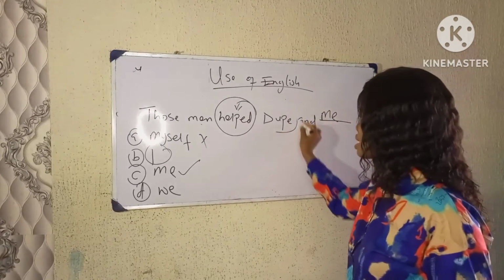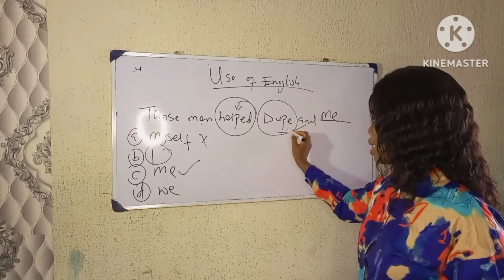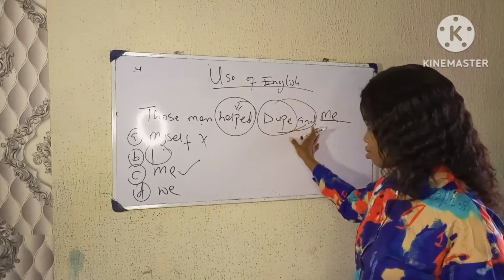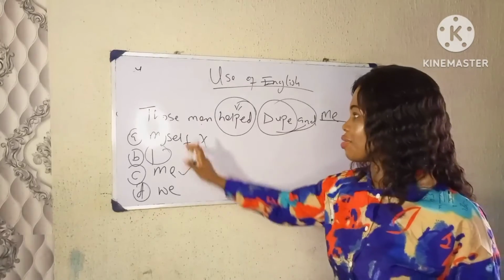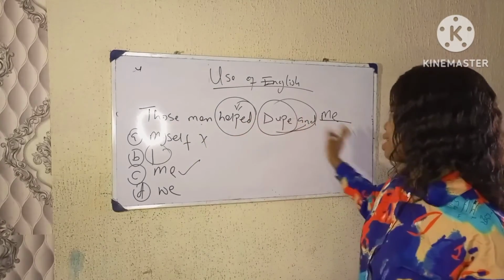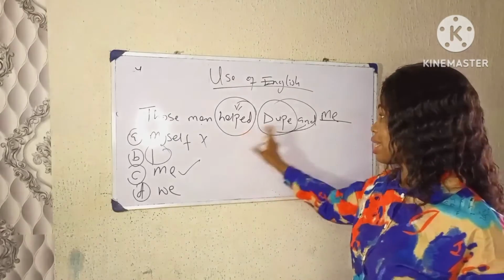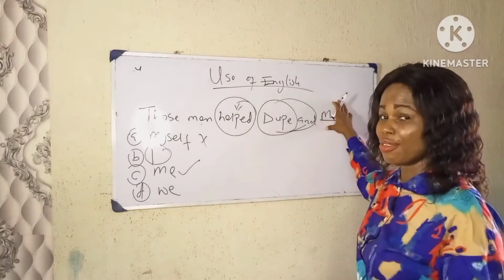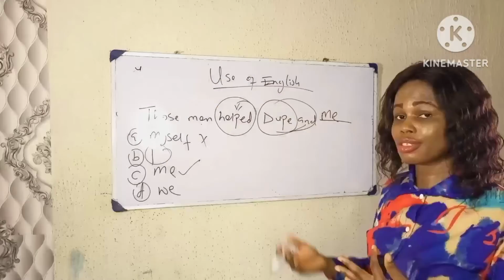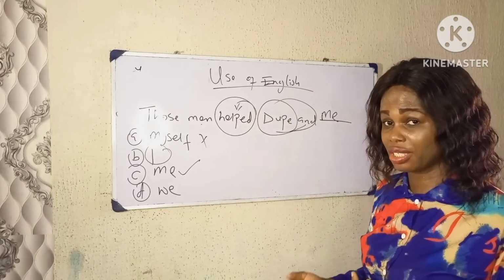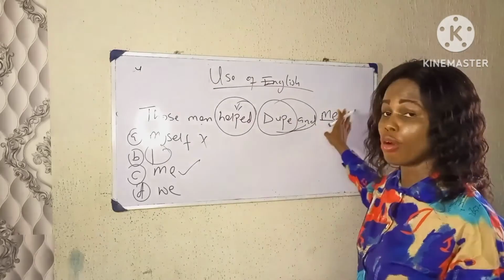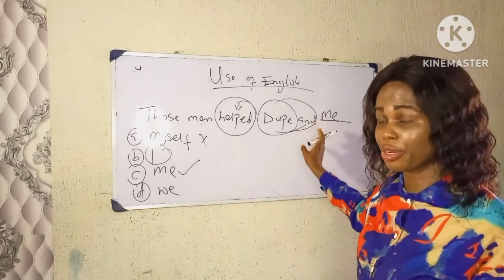Let's say I remove Dupe and from this sentence. Can you say those men helped I? Rather you say those men helped me. So this is a way to help you clear confusion on how to use object and subject pronouns.